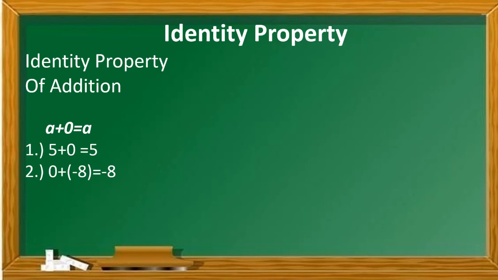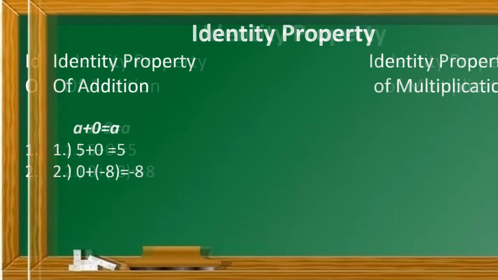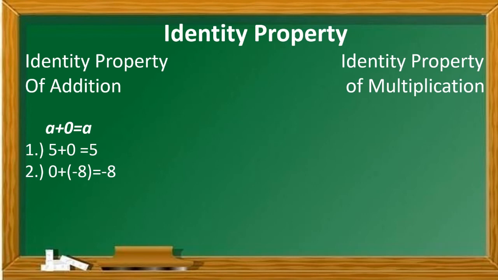Let us proceed to the identity property of multiplication. The product of any integer and 1 is the integer itself. So, 1 is the multiplicative identity. Let us have examples. 9 times 1 equals 9.